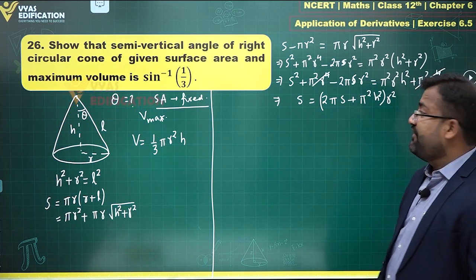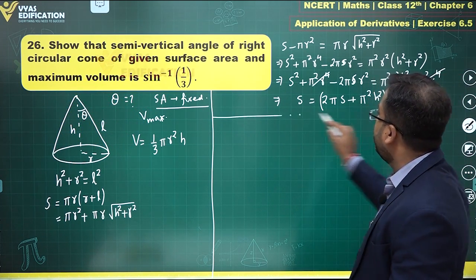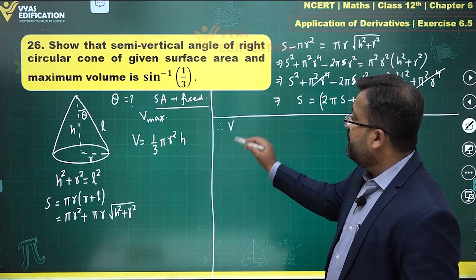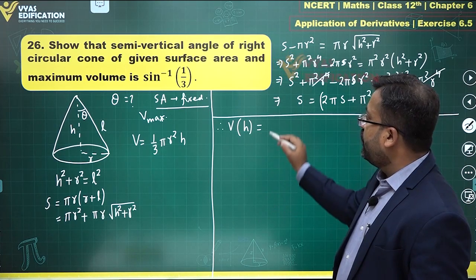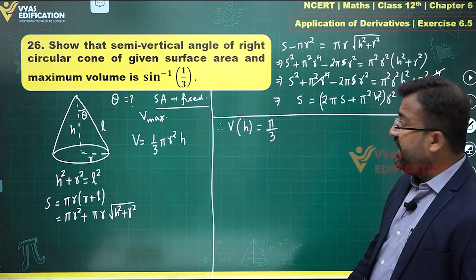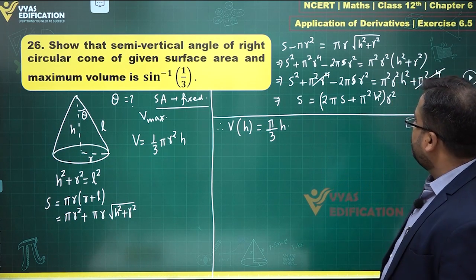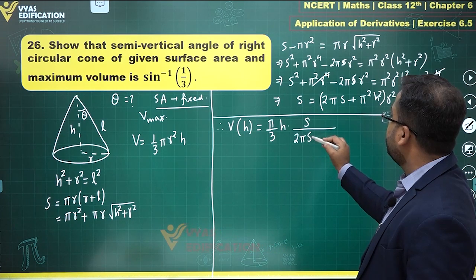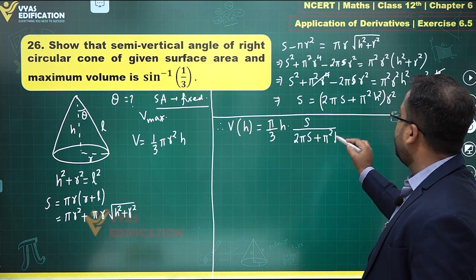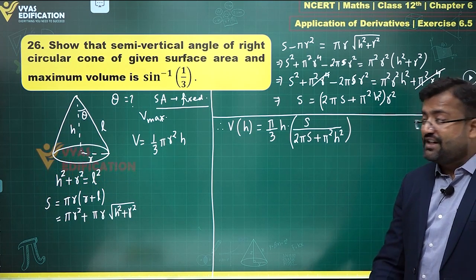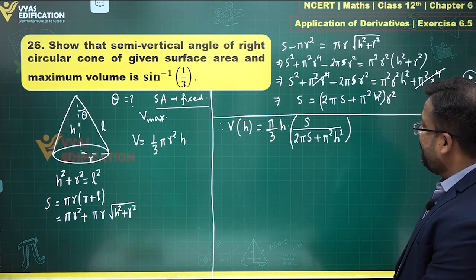And with this I can eliminate R square easily in this formula over here. Therefore V in terms of H will be equal to what? Pi by 3, we have H and then we have R square, which is S upon 2 pi S plus pi square H square. Okay, now that is the expression that you get in terms of H.